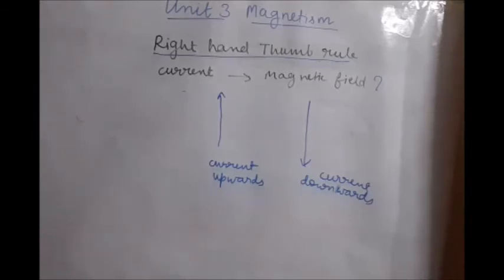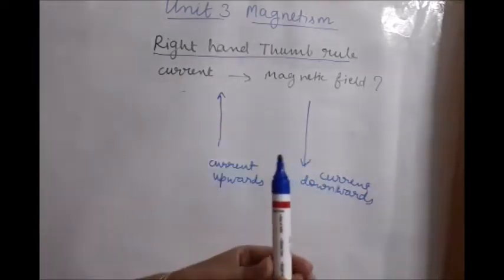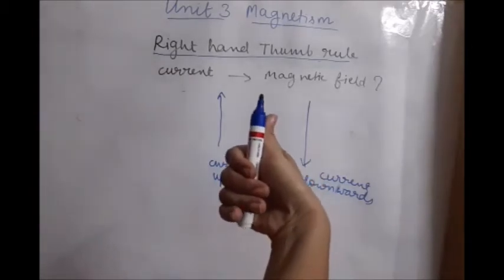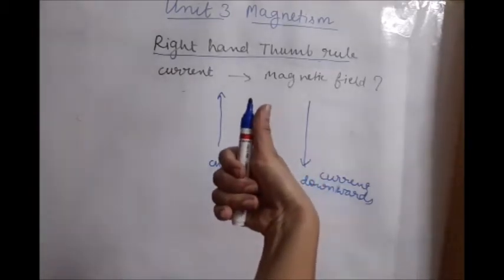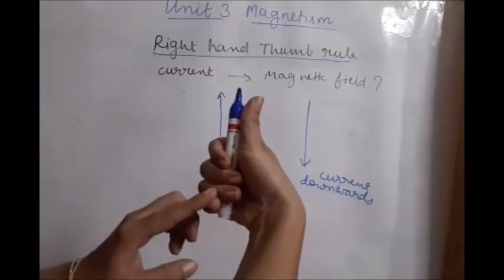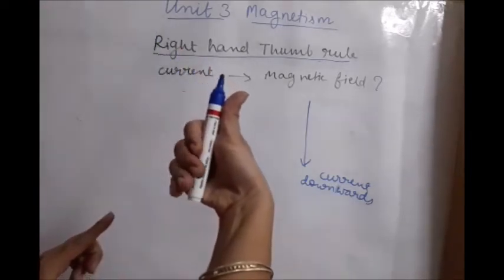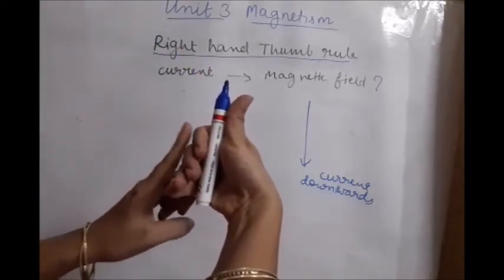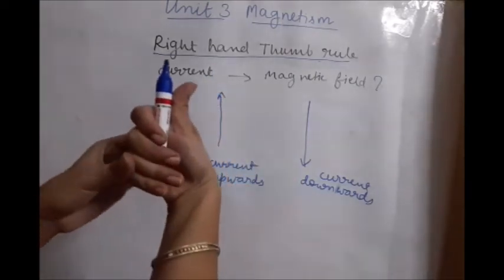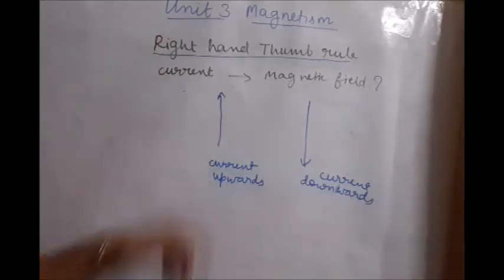For the right hand thumb rule, suppose this is the current direction. We have to hold this wire with our right hand this way. Thumb should point in the direction of the current. Then we have to notice the direction of the curling fingers. Here on the left side the fingers will come out, and on the right side the fingers will curl and go in. Let us try for this wire.